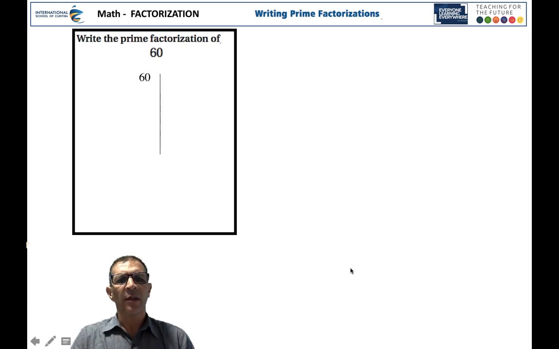First, we write a given number, in this case number 60, and then this vertical line. And on this side here, we use only prime numbers that divide 60. The first prime number that divides 60 is number 2. And 60 divided by 2 is 30.